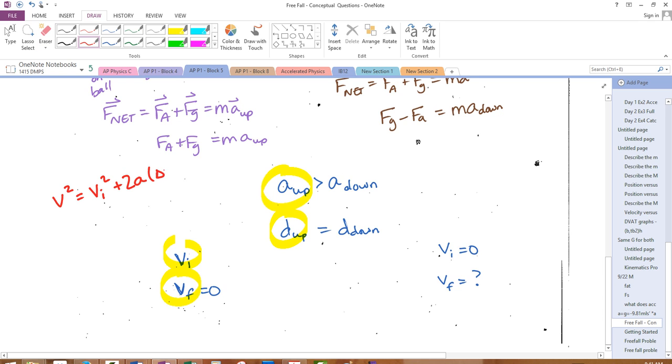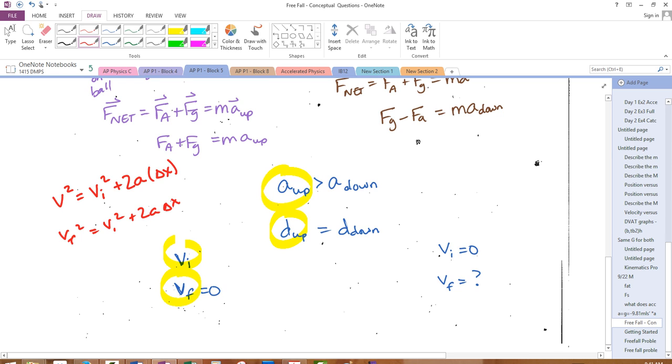Where did you get that from? We probably have it written this way: Vf squared equals Vi squared plus 2a delta x. Okay, let's make it equal.